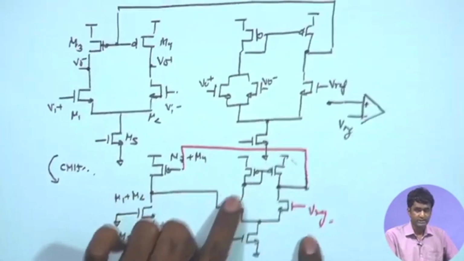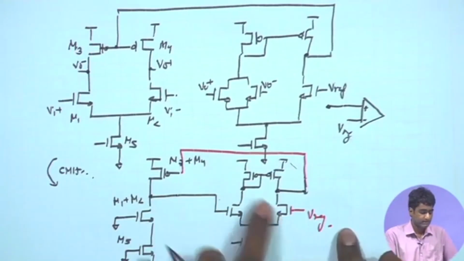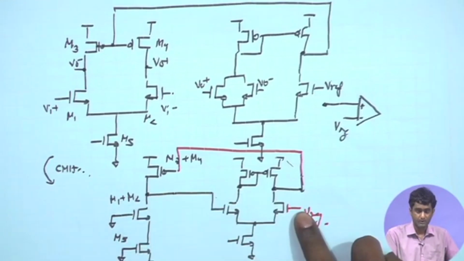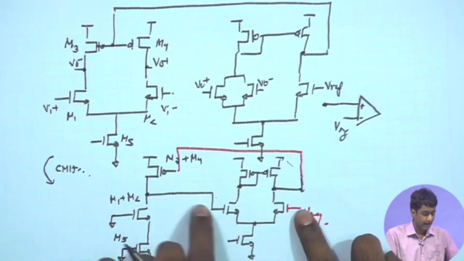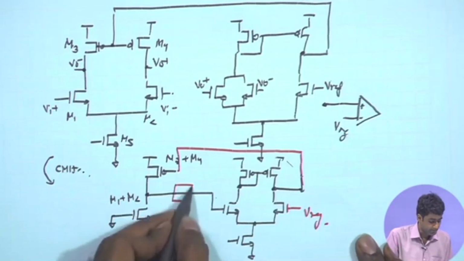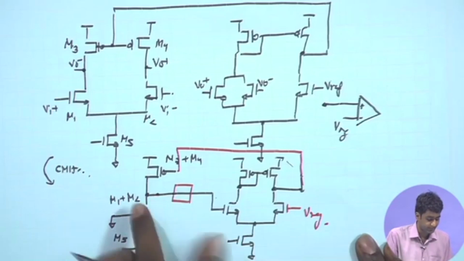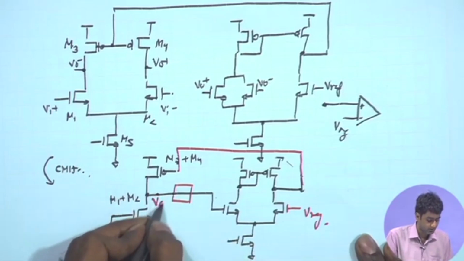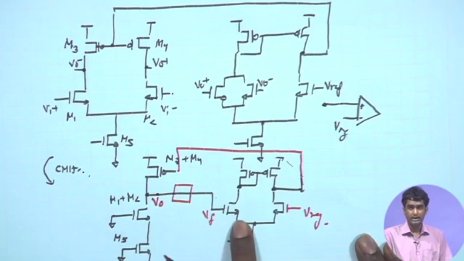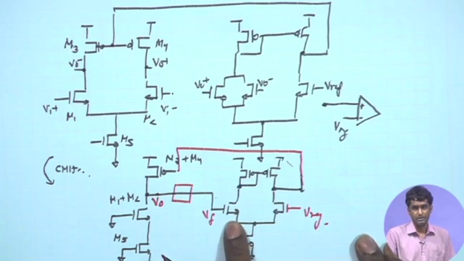Therefore, for these two stages combined together, we can say that this is an overall non-inverting terminal on which you are applying the input, and the feedback signal, as we have seen yesterday, can be seen as voltage sampling. So, whatever final voltage is coming over here, that is directly applied as the feedback voltage on the other terminal of the differential amplifier, which is effectively the negative terminal.